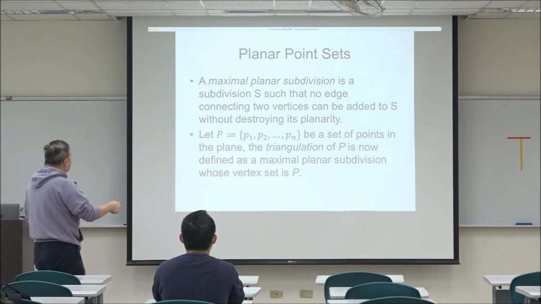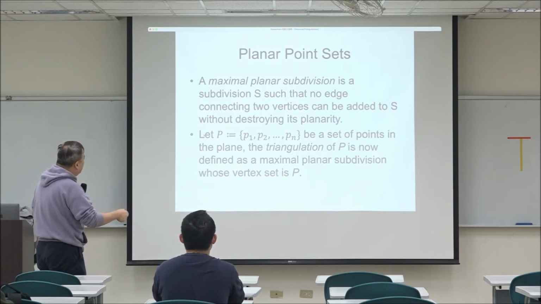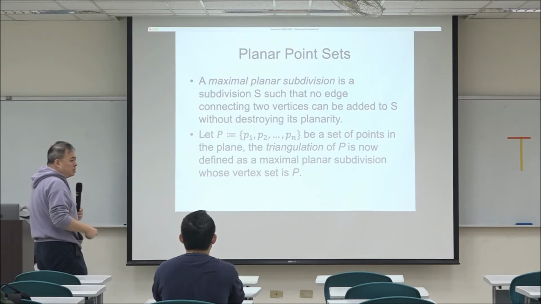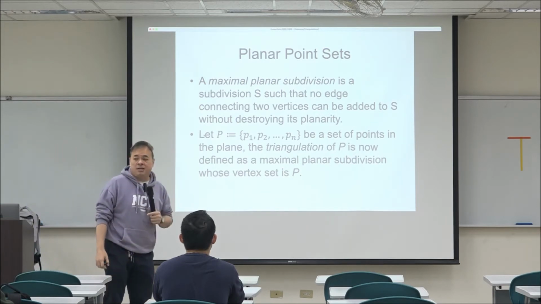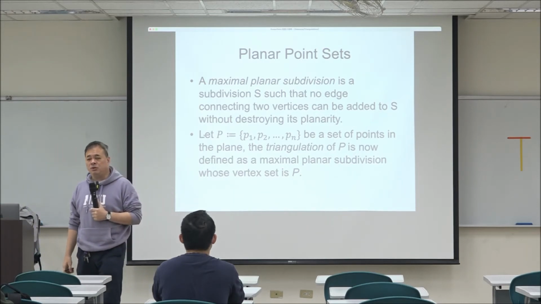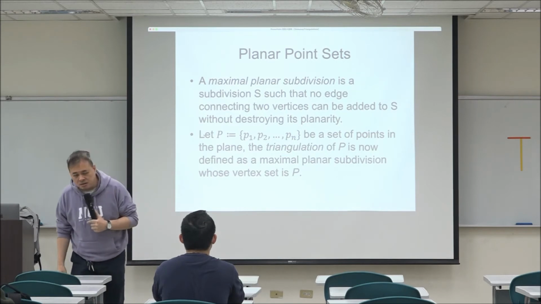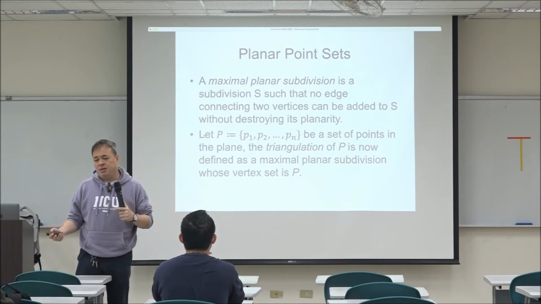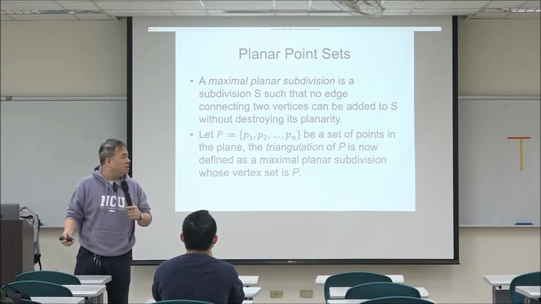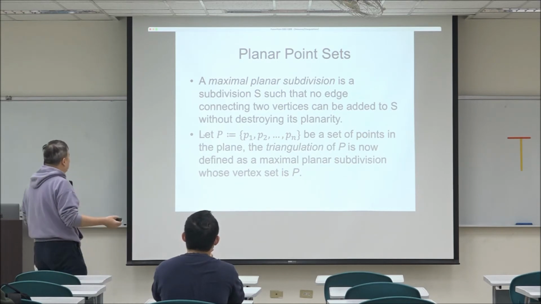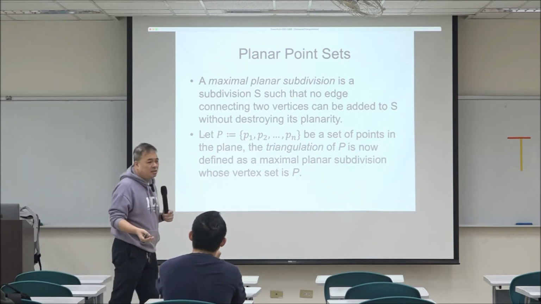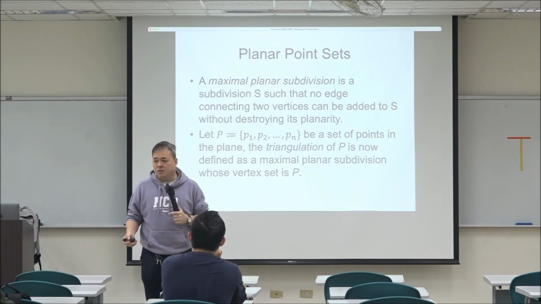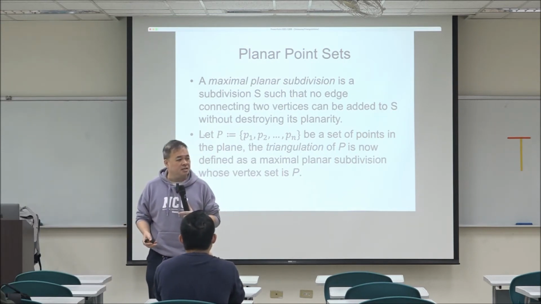So obviously, this is perhaps another way to call a triangulation, because once you triangulate a set of points, it is going to be a maximal planar subdivision, right? Do I need to prove that? I think this is obvious.